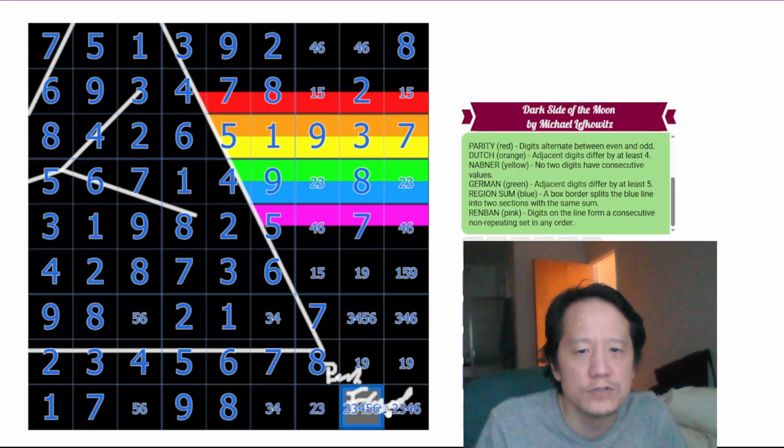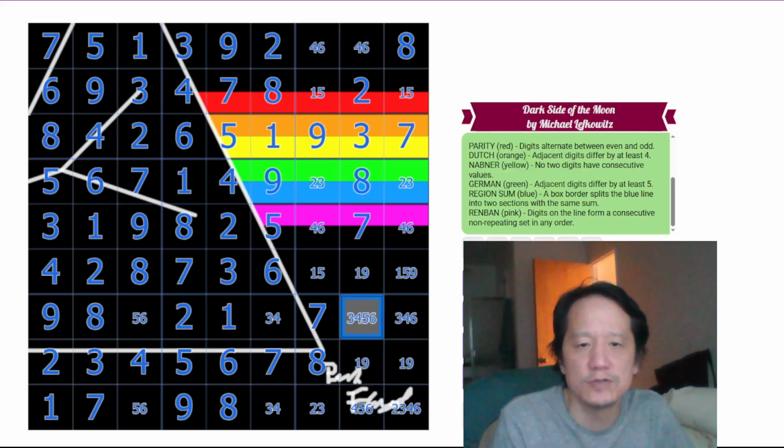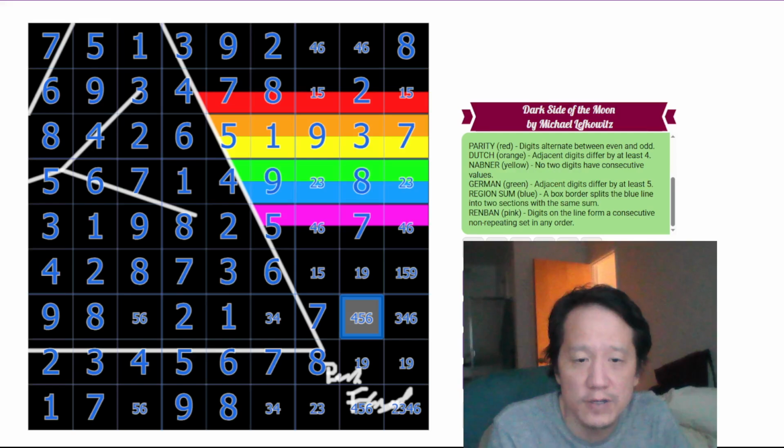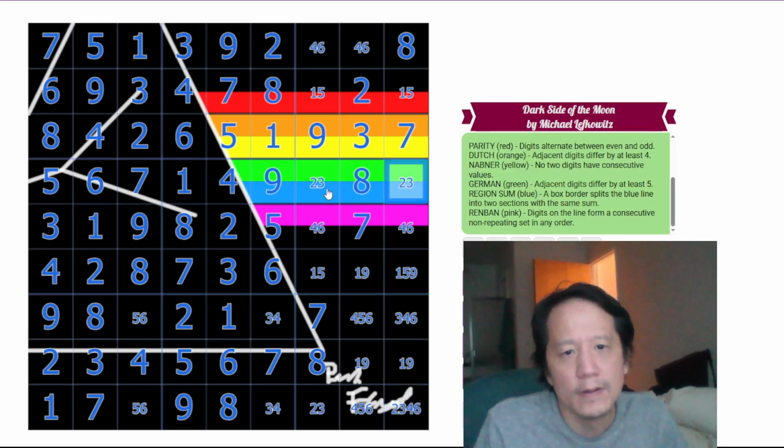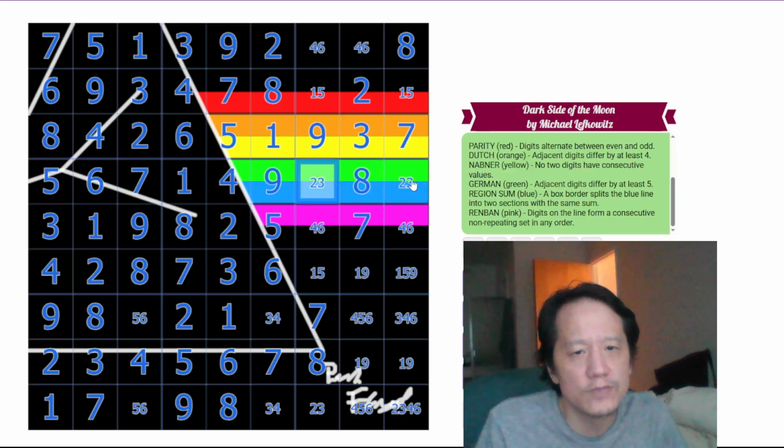One of these is 2. This can't be 2 or 3 because of the 2 or 3 in the column. This can't be 3. Either one of these could work.